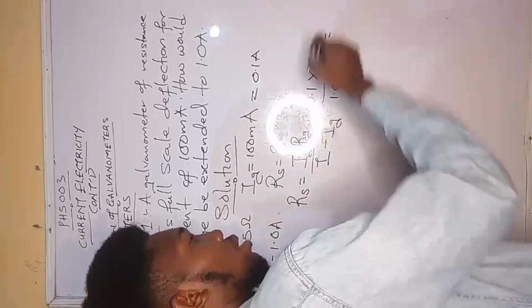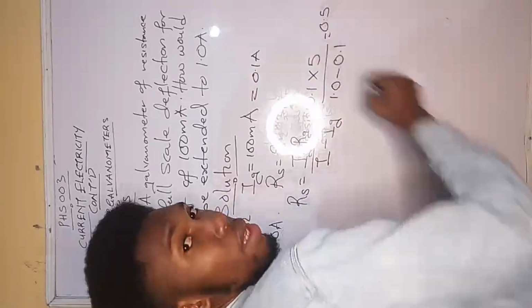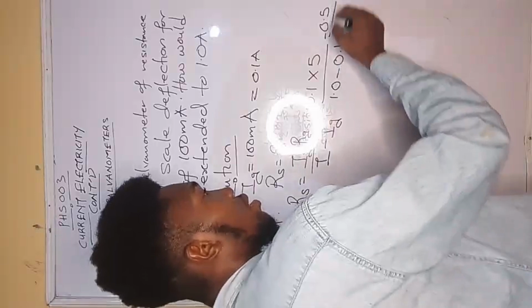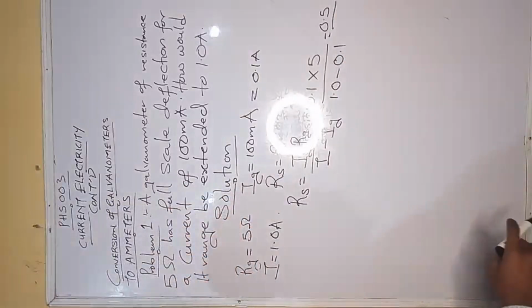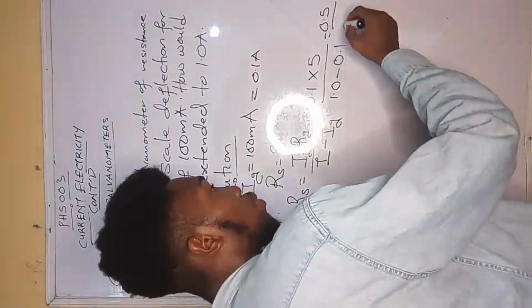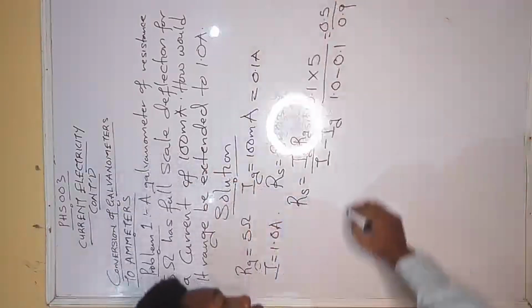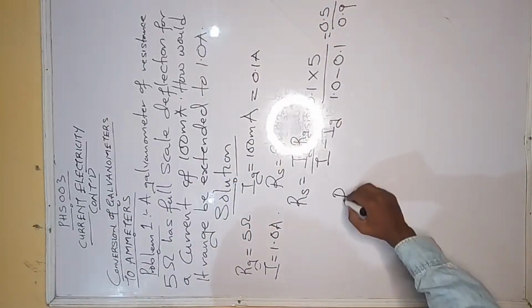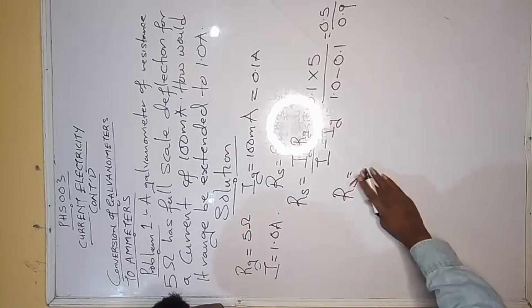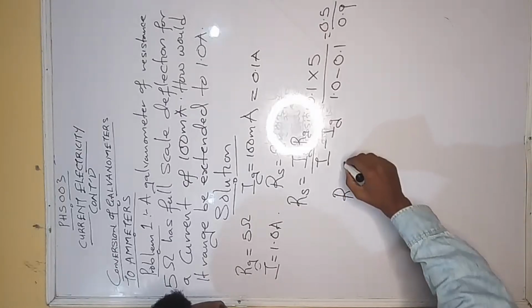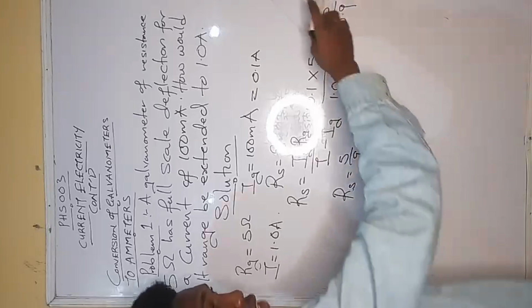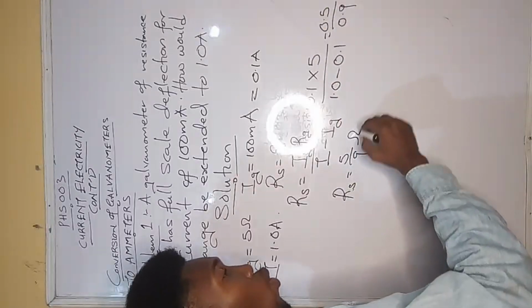That gives us 0.5 divided by, when you subtract this, 0.9. So our answer RS is equal to 5 over 9 ohms.